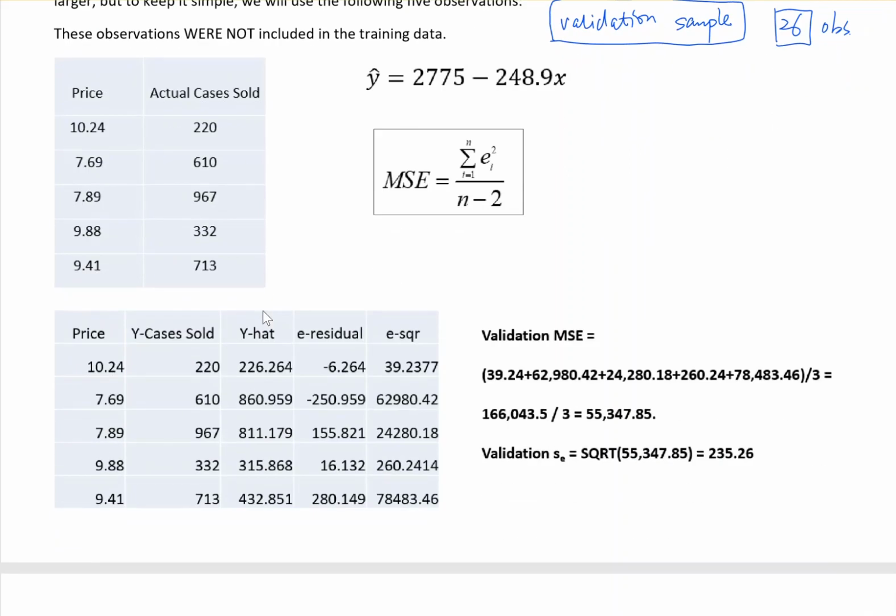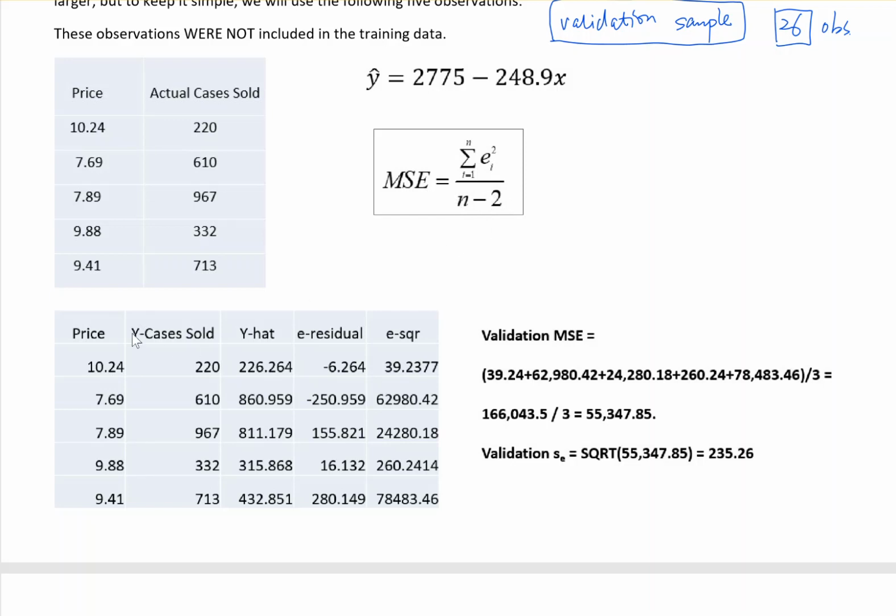Then how can you calculate the validation MSE? Remember the MSE is based on the residual. So we calculate the residual for every observation, square it, sum all the squared residuals together, and then divide by the degrees of freedom, n minus 2.